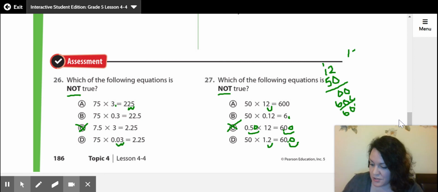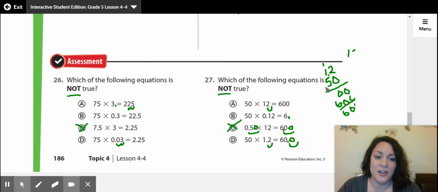Okay, so that's on page 186. All right, so this is not too bad. You're basically counting how many decimals over you have. So when you times a problem, if I put 1 decimal here, then in my answer I would have to make sure there's 1 number on the right side as well.